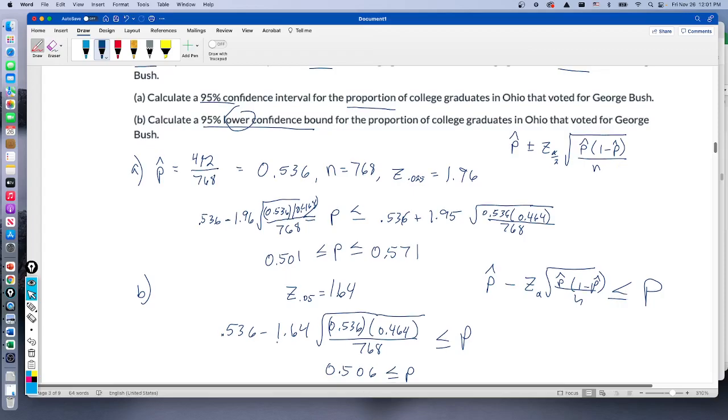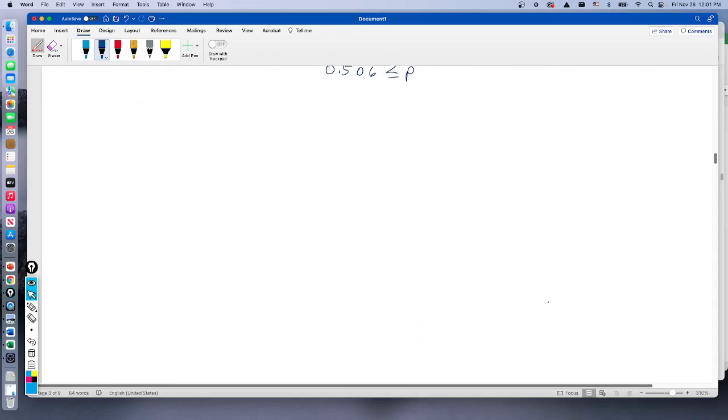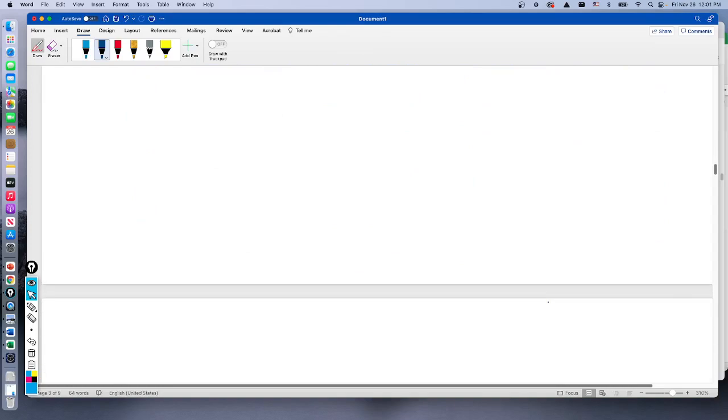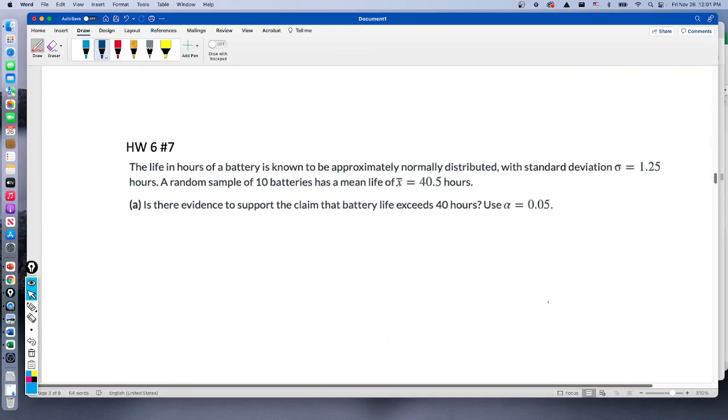So let's be able to do those type of problems, and then now let's jump to homework number 6, look at an example from there. Okay, so the life in hours of a battery is known to be approximately normally distributed with standard deviation sigma equals 1.25 hours.